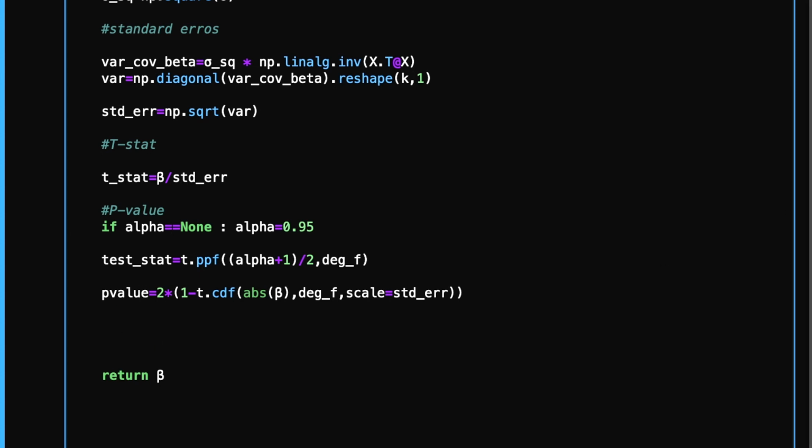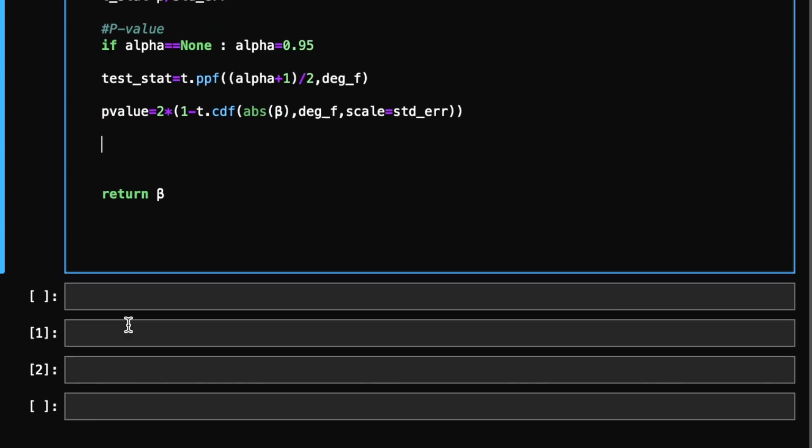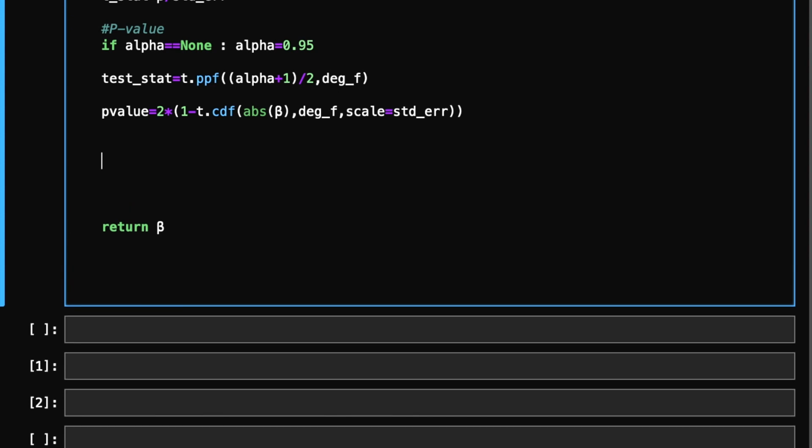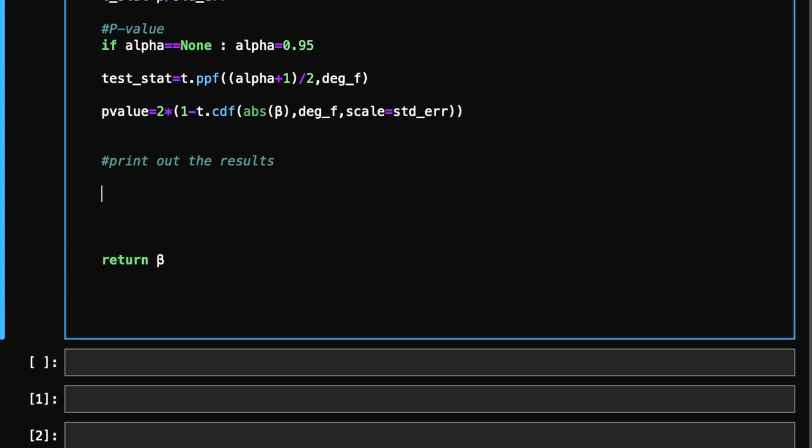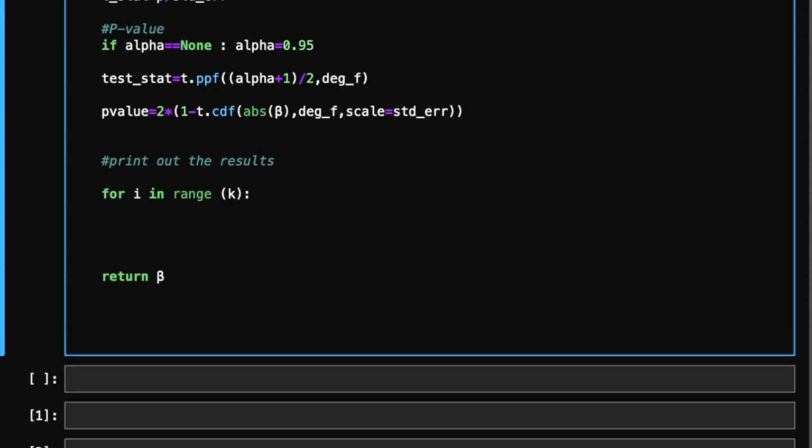So let's finish this video at this point. I'm just going to write down the print command to see if we can replicate up to the p-values along with the Statsmodels package. So let's print out the results. So for i in range, okay, I'm using a loop to print out for each of the covariates.